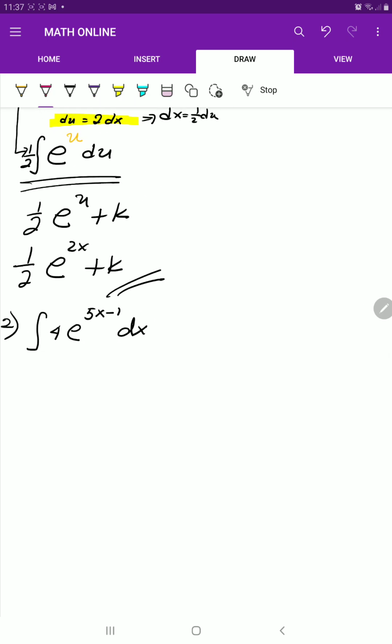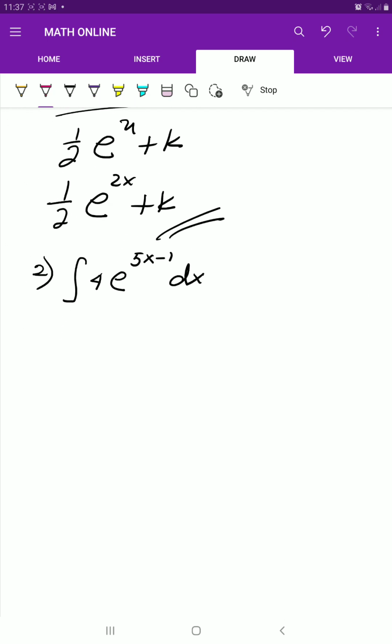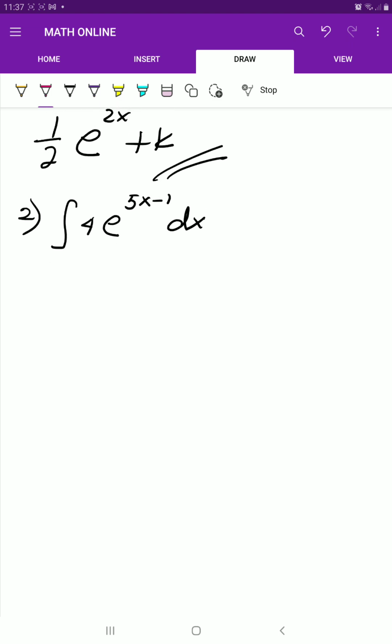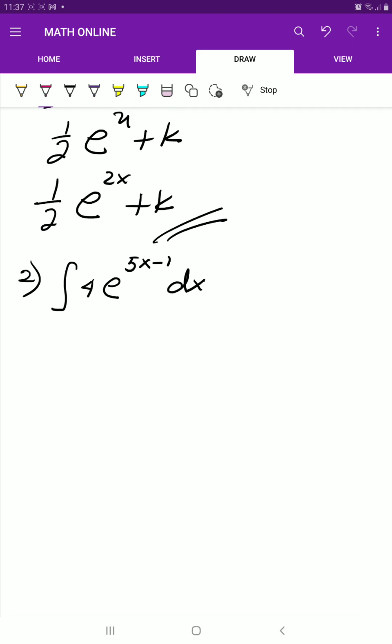As you can see, I will write the formula, and please try to look at the formula this way. The integral of e to the u du is equal to e to the u plus k. Please take note.